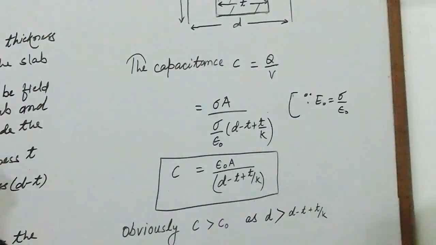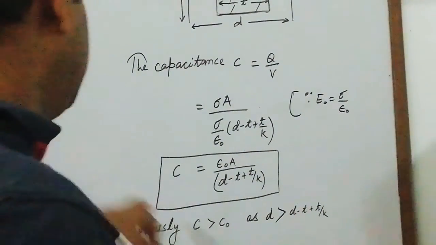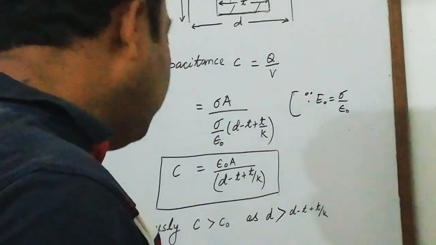So C naught will be smaller and C will be greater.